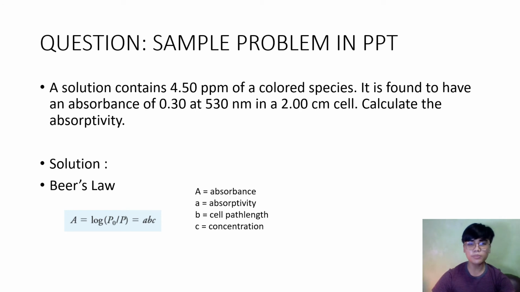So in the sample problem in the PowerPoint, we're going to use Beer's law to calculate the absorptivity. The formula is absorbance is equal to log of initial P over P, which is equal to absorptivity times cell path length times the concentration.